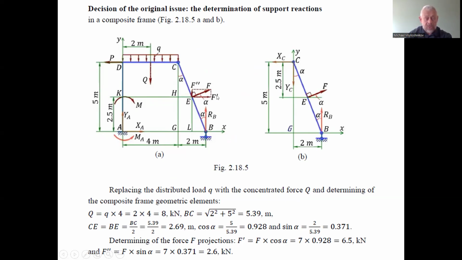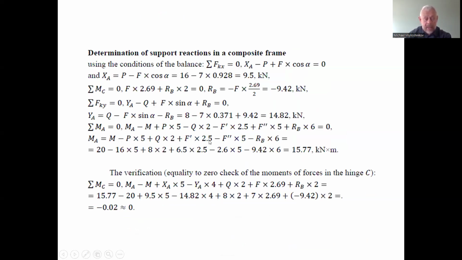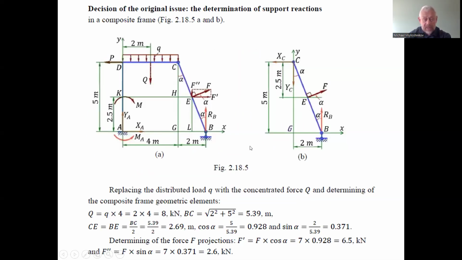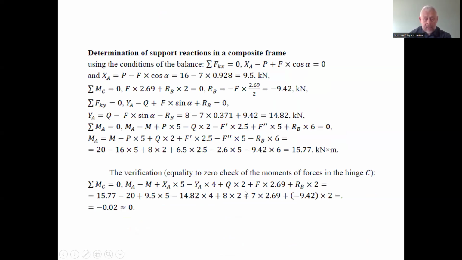For F stroke, the arm is 2.5 meter. For F2 stroke, the arm is 5 meter, because the line of action goes through the middle of the GL. And minus RB multiplied by 6, the arm of the RB relative to point A being 4 meter plus 2 meter.